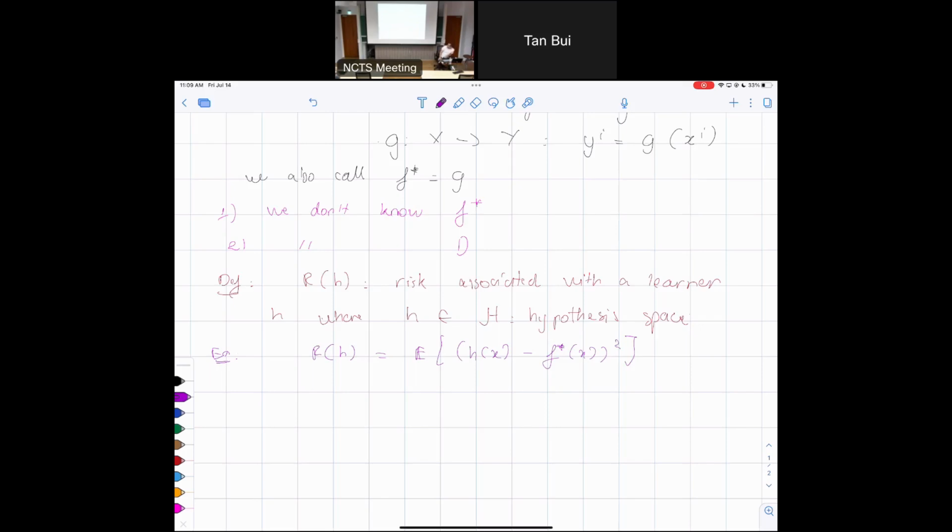This is the standard mean square error, one of the popular risks, or L2 risk. This is an average error between the unknowns.